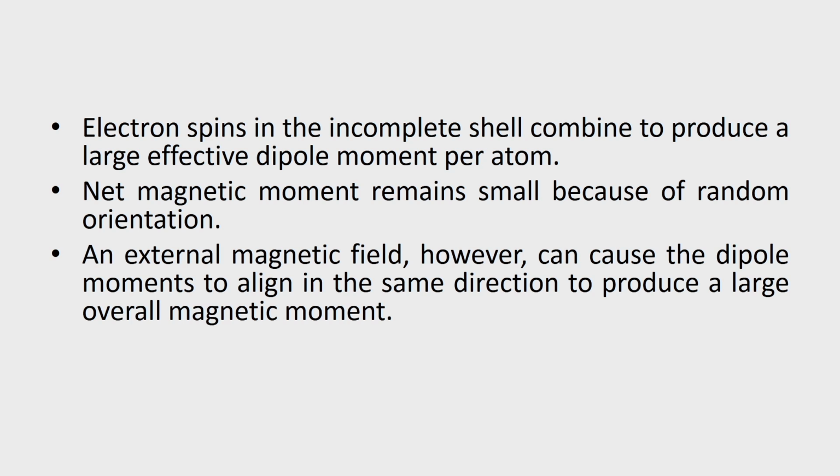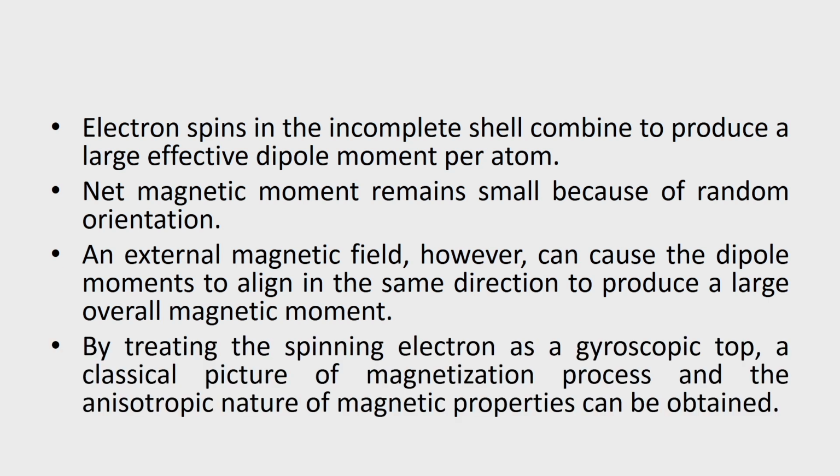An external magnetic field, however, can cause the dipole moments to align in the same direction to produce a large overall magnetic moment. By treating the spinning electron as a gyroscopic top, a classical picture of magnetization process and the anisotropic nature of magnetic properties can be obtained.